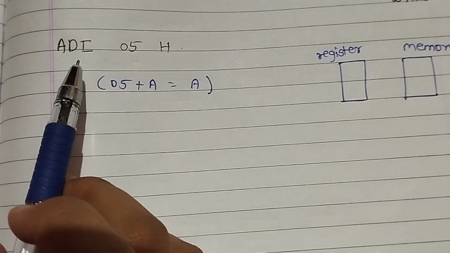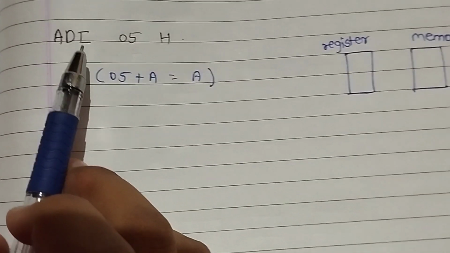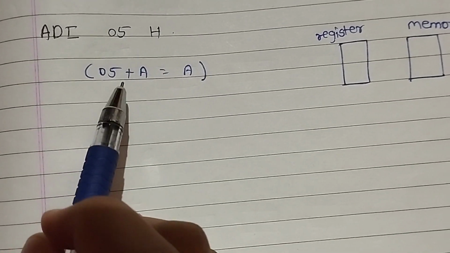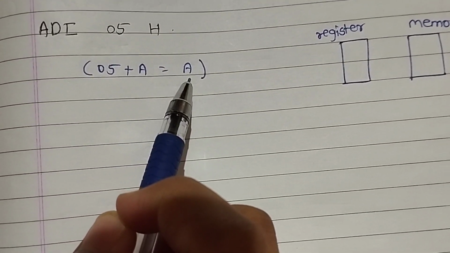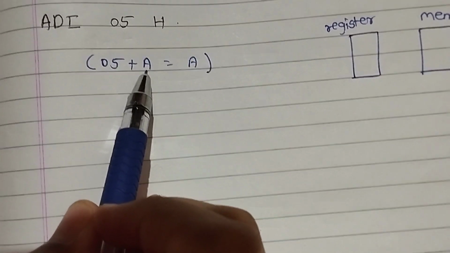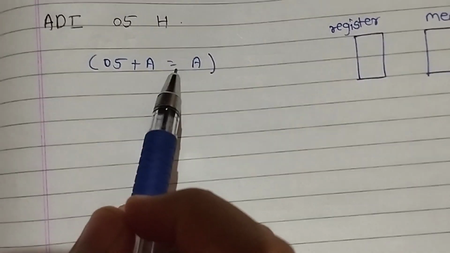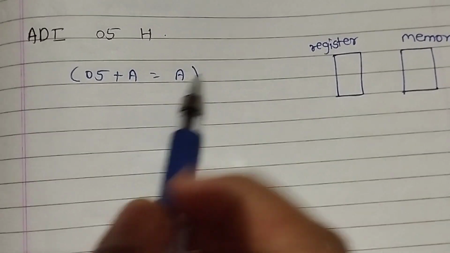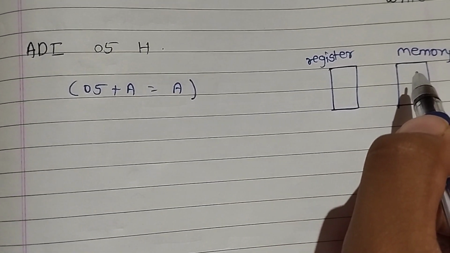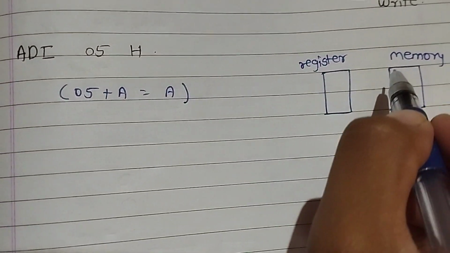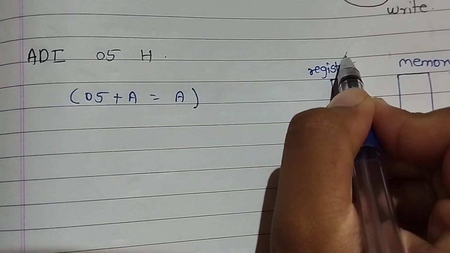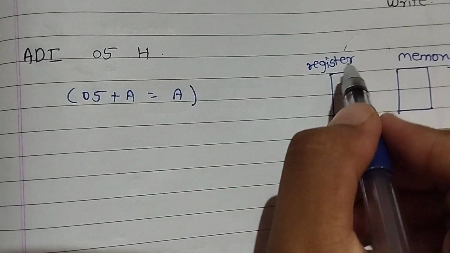Now the instruction ADI means add immediate. ADI 05 means 05 plus A is equal to A, which means our data 05 is added to the accumulator and the result is also stored in the accumulator. So 05 is present in the memory, then it is transferred to the register for the addition.